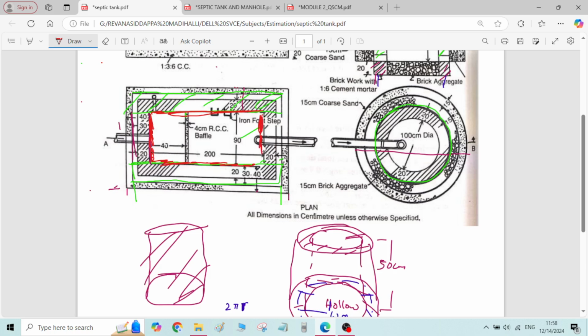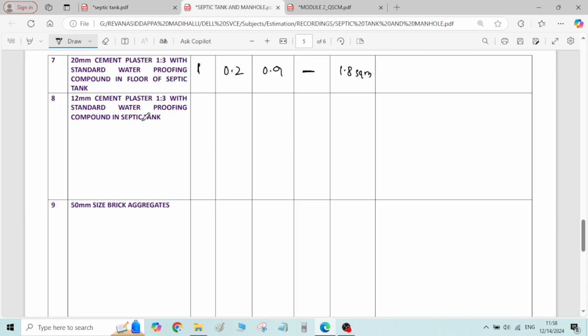So how to calculate this cement plastering work? You need to calculate total length along the long walls multiplied by height, and total length along the short walls multiplied by height will give total plastering work. We have to do the individual calculation for the long walls and the short walls. Initially the long walls.